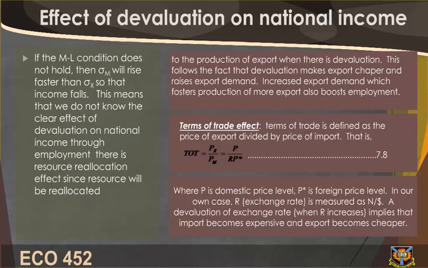If the ML condition does not hold, then GM will rise faster than GX, so that income falls. This means that we do not know the clear effect of devaluation on national income through employment.